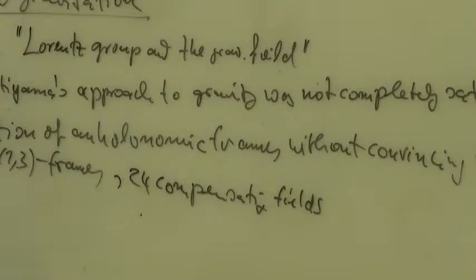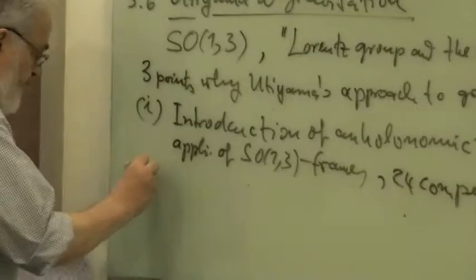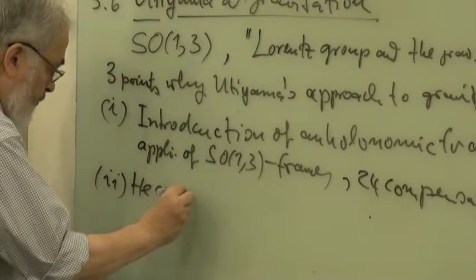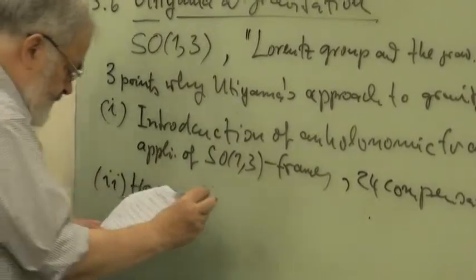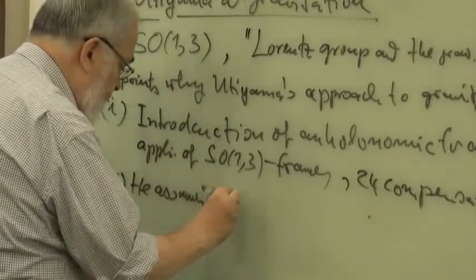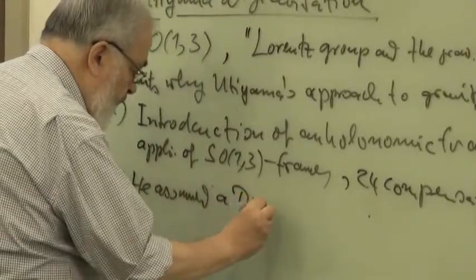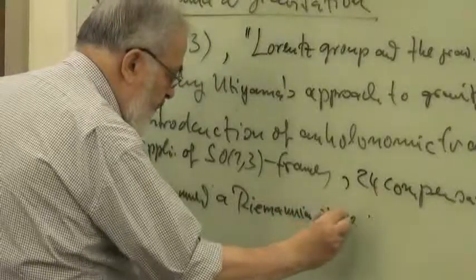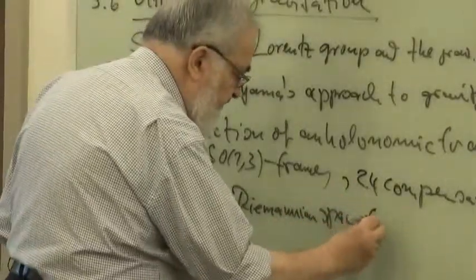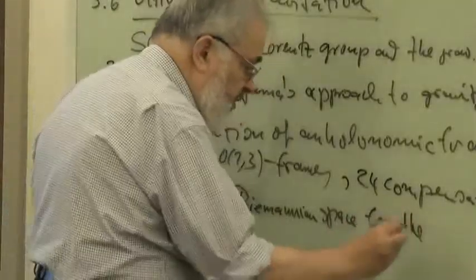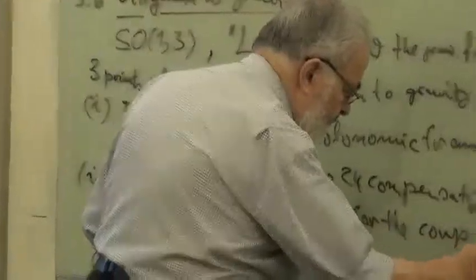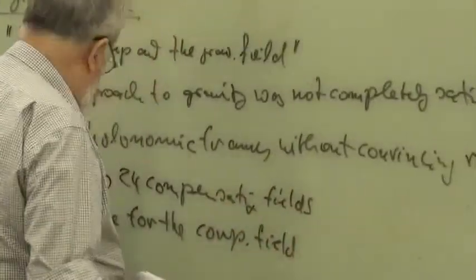And that's now the second thing: he assumed a Riemannian space for the compensating fields, without reason.